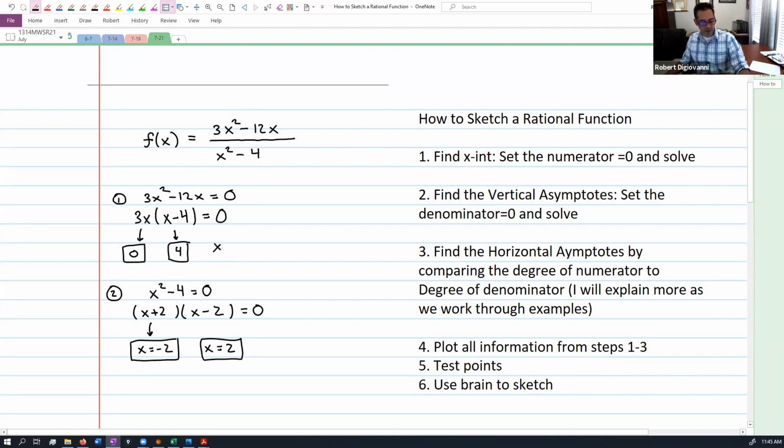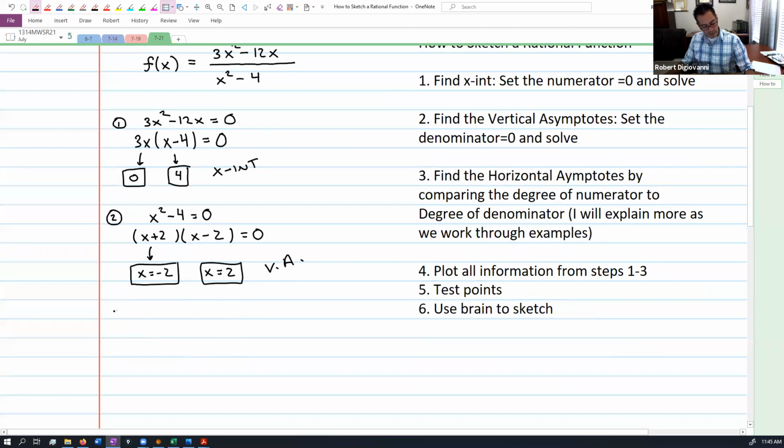So we have two x-intercepts. We have two vertical asymptotes. Any questions there? Third step, and here's where things are going to be changing. So we want to do the horizontal asymptotes. We're going to compare the degree of the numerator and denominator.